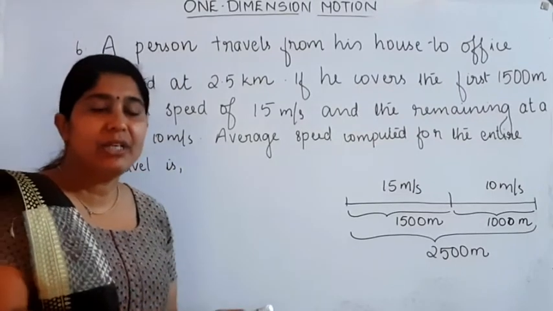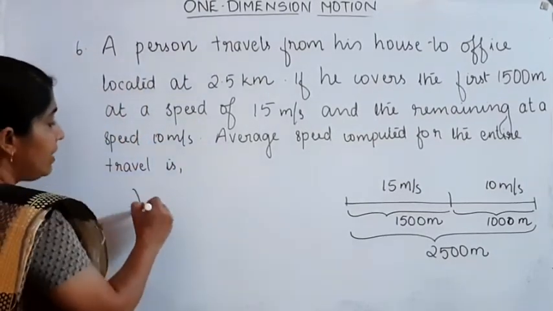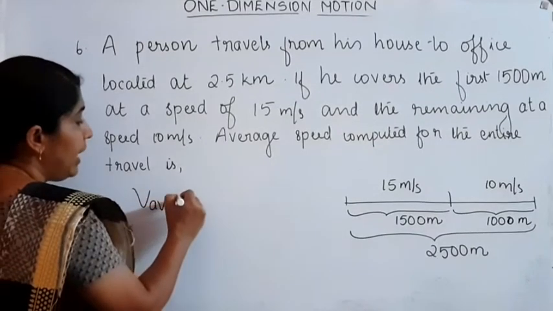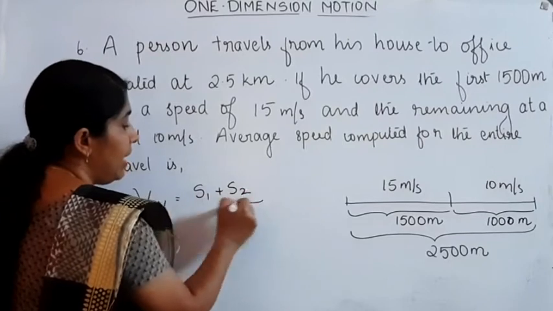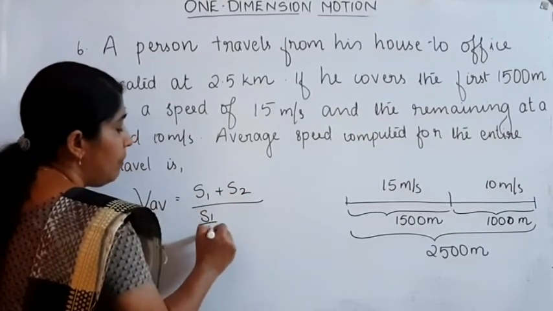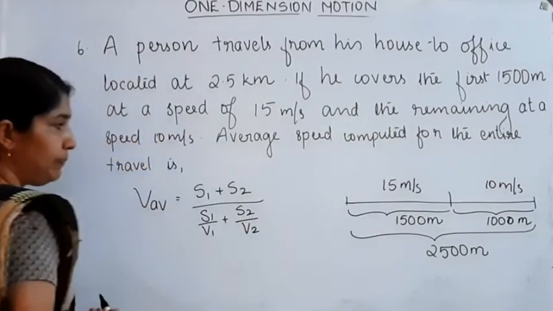Which equation is used here? Average speed V average is equal to S1 plus S2 divided by S1 by V1 plus S2 by V2. This equation is used here.